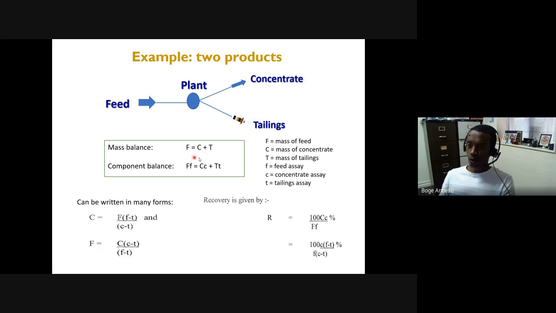So the masses are known, so you can do mass balance. And we can do specific balance for the copper, as I said, okay? So the small f here is copper in the feed, the small c is copper in the concentrate, and the small t is copper in the tails.